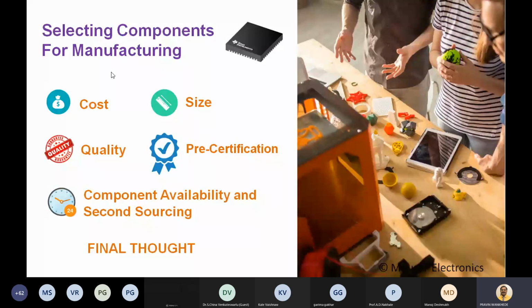Once it works very well, then in the second phase of prototyping, use components which have good specifications, less cost and good quality. In the case of RF, that is wireless connectivity, they must be pre-certified.